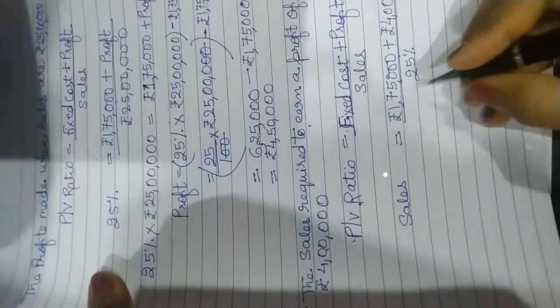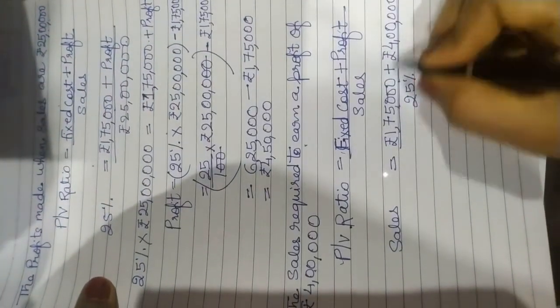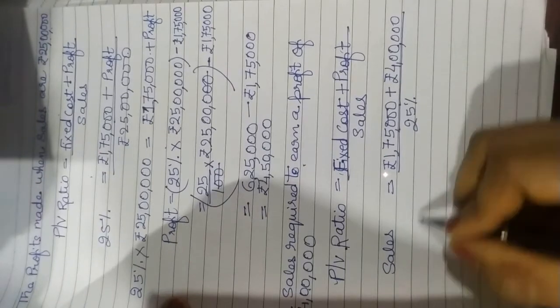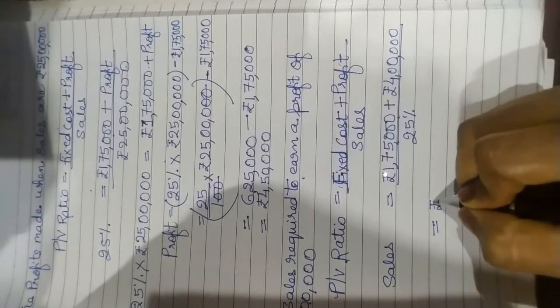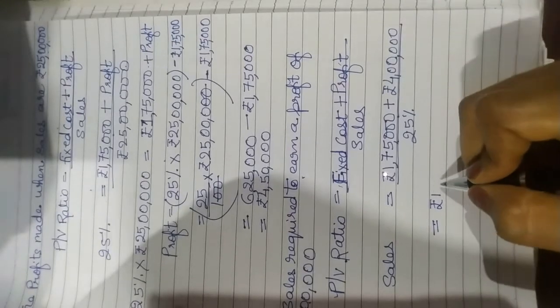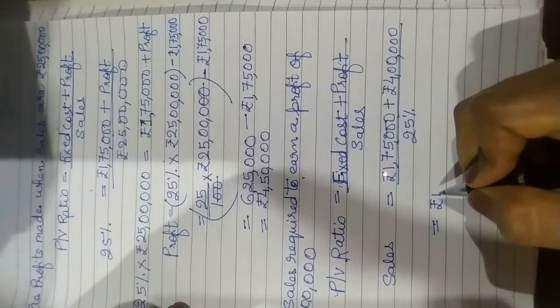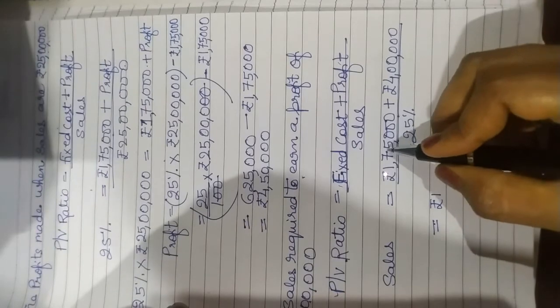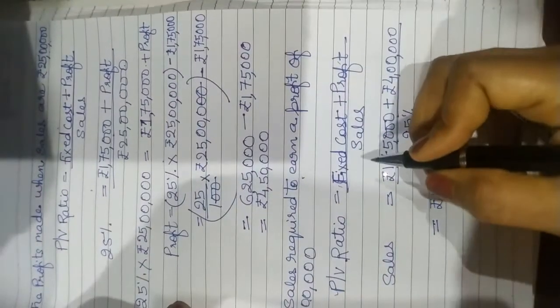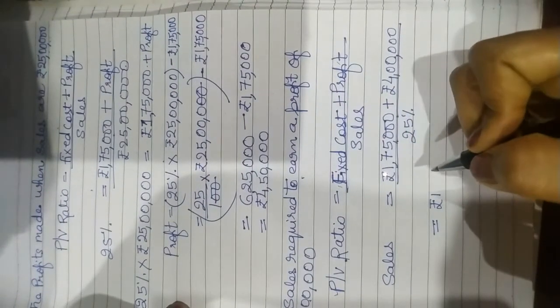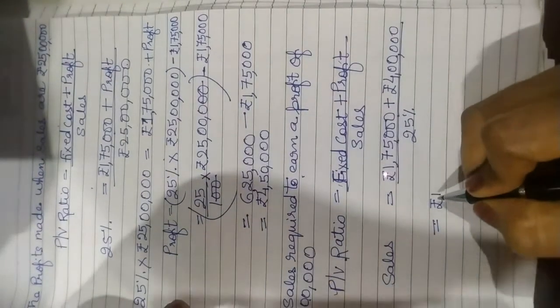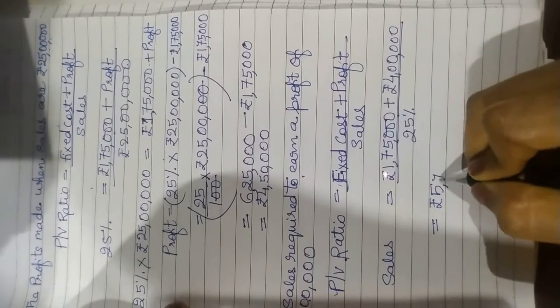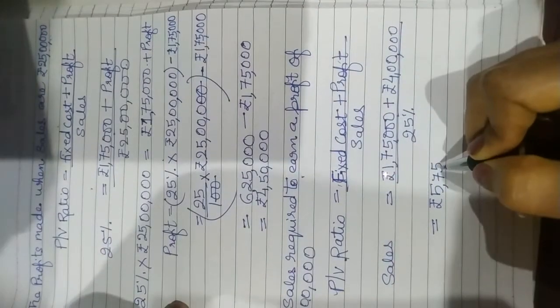So this 25% you have to write here. Now solve this and you will get the answer. 1,75,000 plus 4 lakh is 5,75,000.